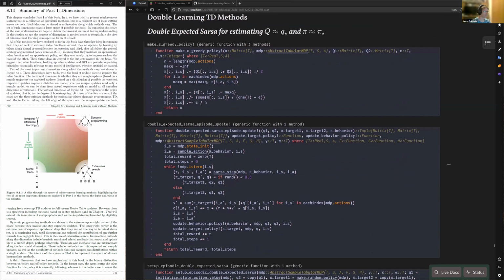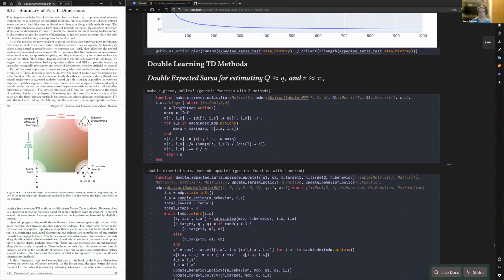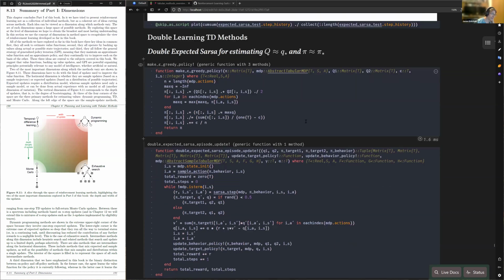This is another interesting point in the chapter. There's a lot more detail on this in the chapter on TD learning, but double learning is just an enhancement of this where we try to avoid maximization bias.